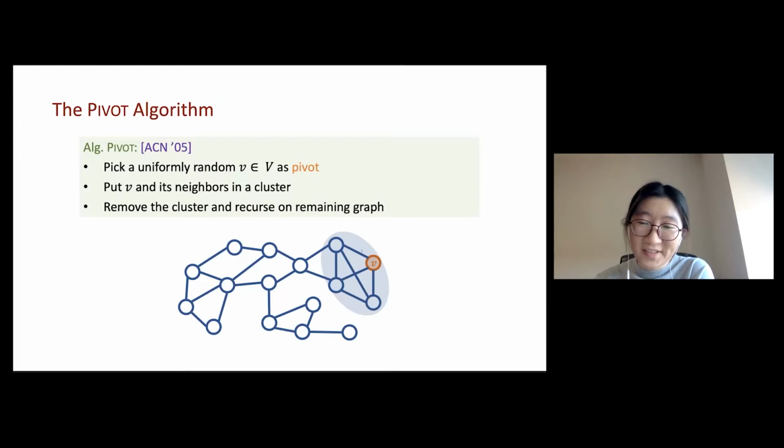And we remove this cluster from the graph and recurse on the remaining graph. So let's finish this process on this example graph. Next, we have this pivot, and we cluster it together with all its remaining neighbors, and we get this cluster. We remove it, and we continue. And this will be the final clustering that we get from the PIVOT algorithm.